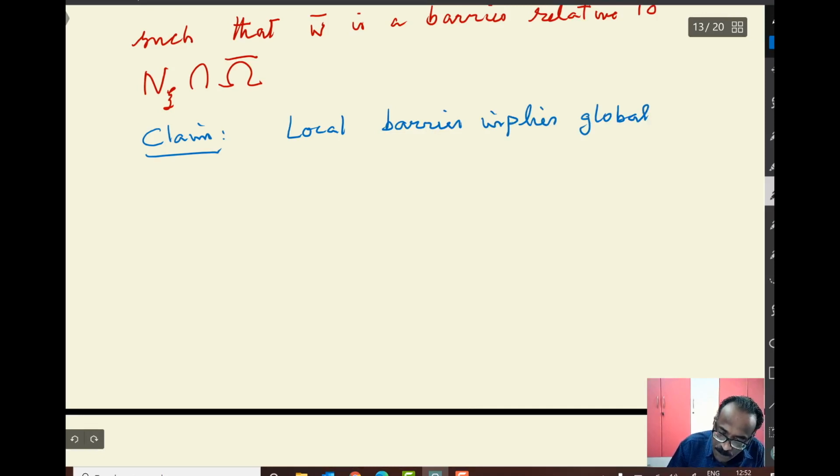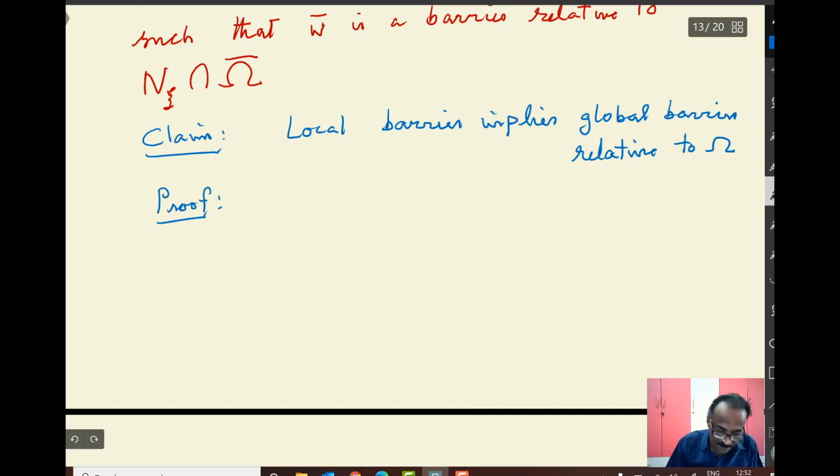So if you can find w̄, a global barrier, relative to Ω, you can say. So the proof is actually easy, so you can just check this. One can verify easily these concepts without much trouble. Okay, so you have this one.